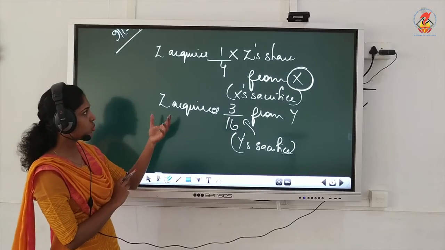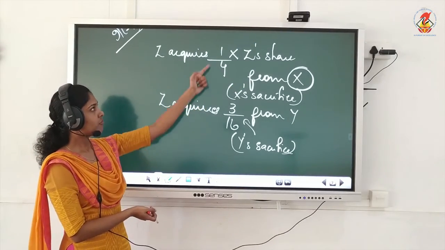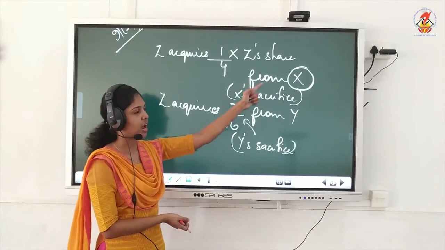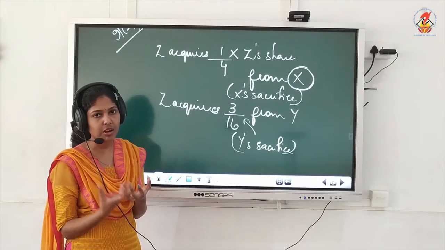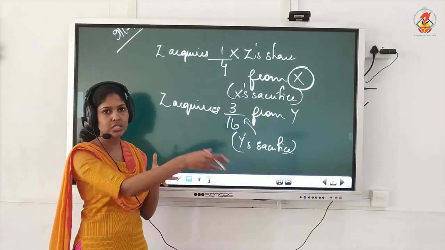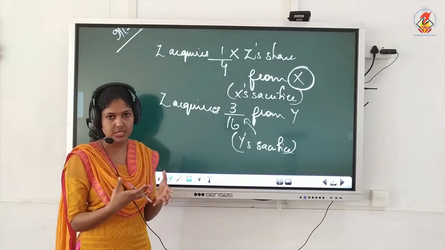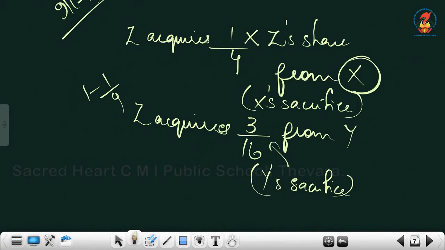Since there is no hint regarding what is Z share, what you have to take is, if 1/4 is taken from X, what is the balance share taken from Y? 1 minus 1 by 4, isn't it? If 1 by 4 is taken from one partner, how will you compute the balance? If total is usually assumed as 1, the balance will be 1 minus 1 by 4. Just do cross multiplication, 4 minus 1 by 4, 3 by 4.